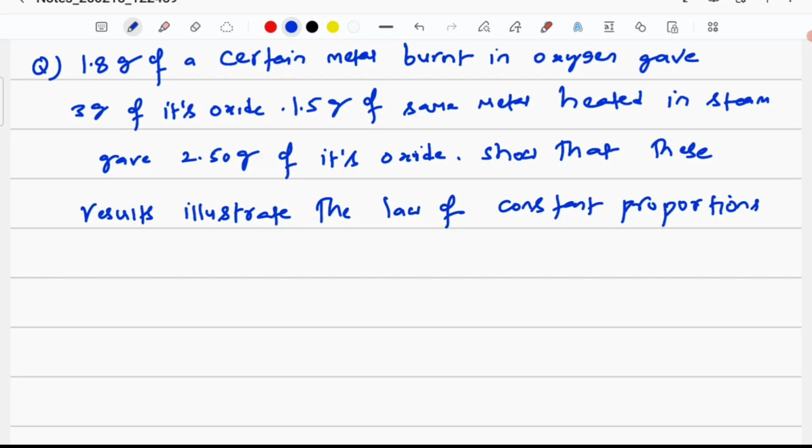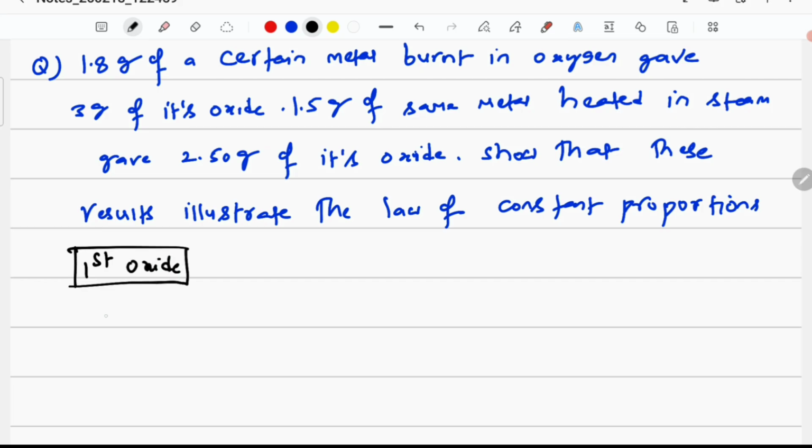1.8 grams of a certain metal burnt in oxygen. So now, first I am taking the first oxide. Take the information of the first oxide.